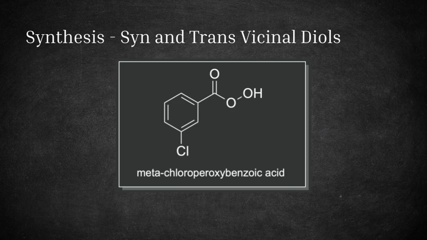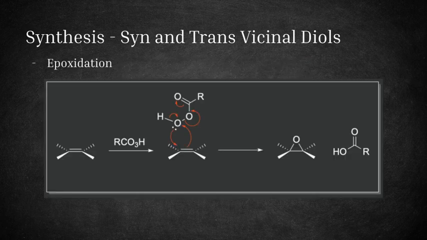This combination of features makes MCPBA and similar peracids powerful oxidizing agents, capable of forming epoxides in a concerted reaction mechanism. This reaction begins with the pi electrons of the alkene attacking the electrophilic terminal oxygen atom of the peracid, RCO3H, which initiates the formation of the epoxide. At the same time, the weak oxygen-oxygen bond in the peracid breaks, allowing the transfer of oxygen to the alkene.